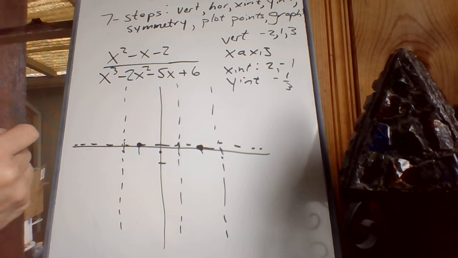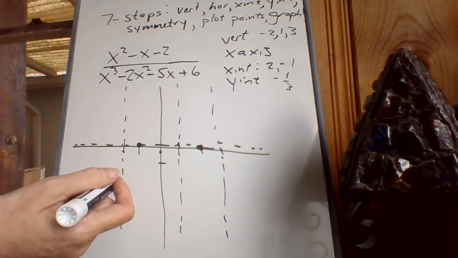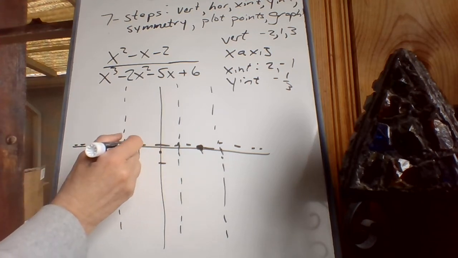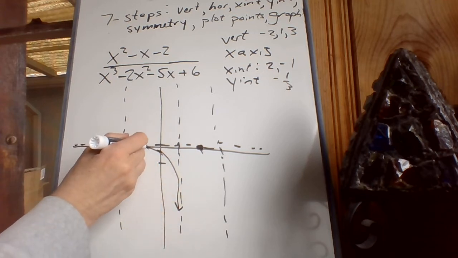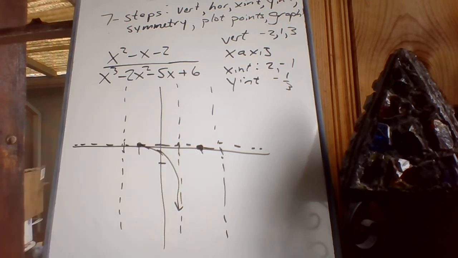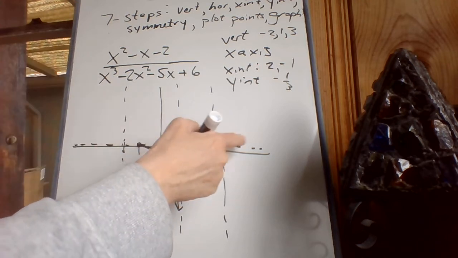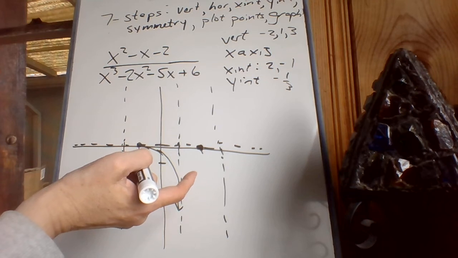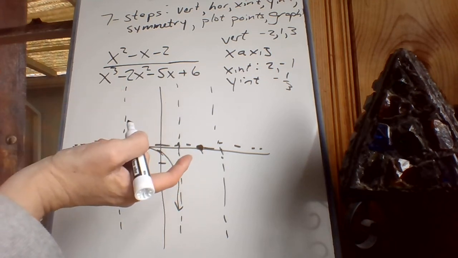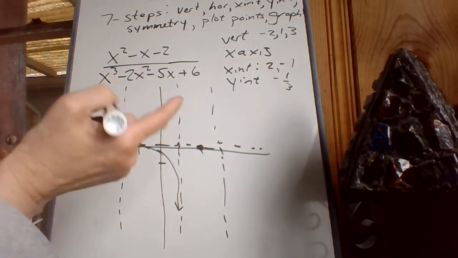And let's see now. If you've got your calculator, you already know. If I didn't have my calculator, I know I got to do something going through that part right there. I got no idea what I'm supposed to do with that dot, and no idea what I'm supposed to do out here. There's actually no multiplicity 2's. Everything is multiplicity 1. I figured that out when I was factoring.